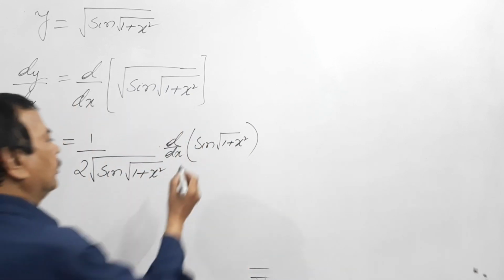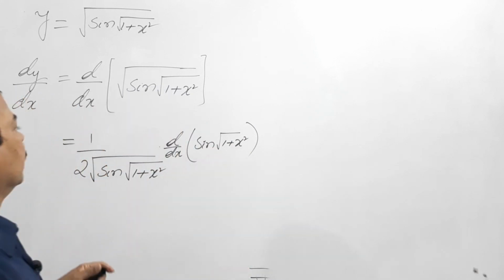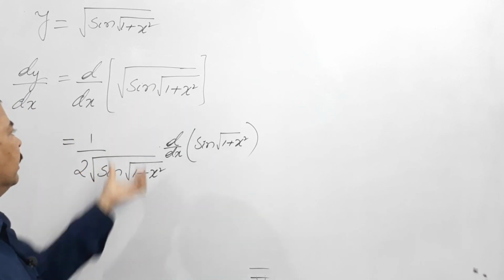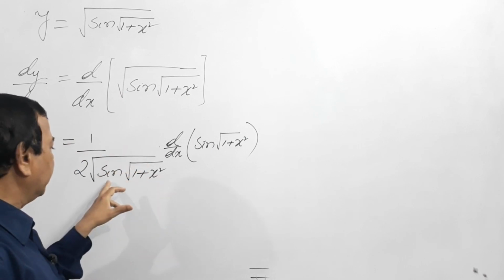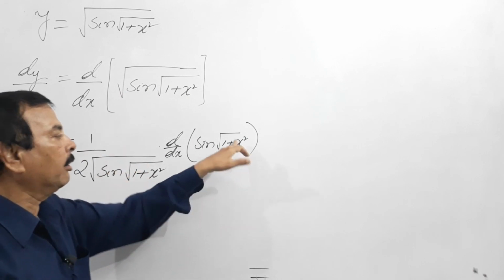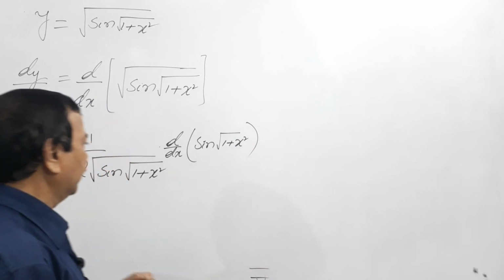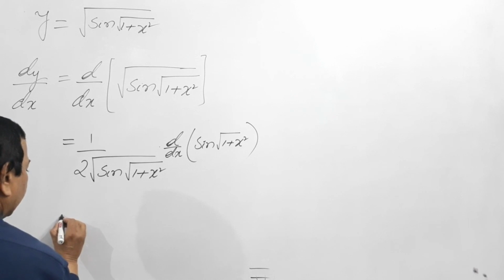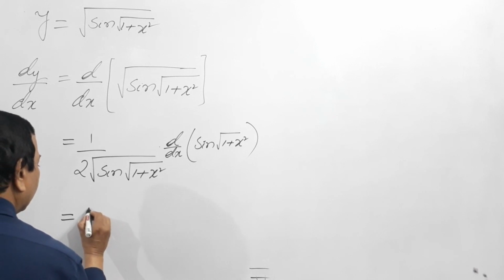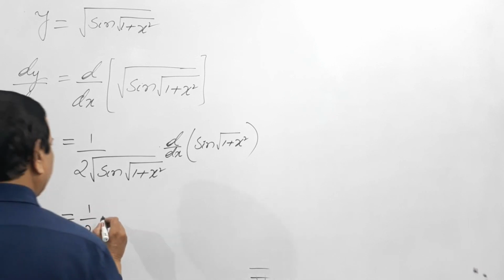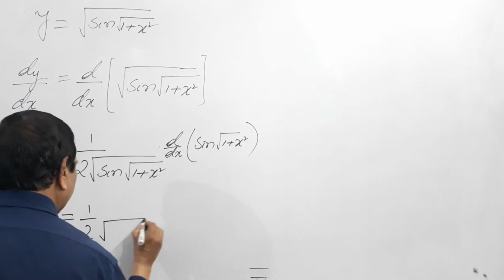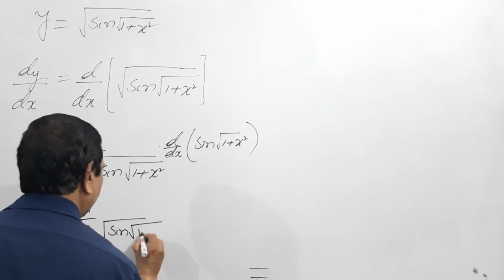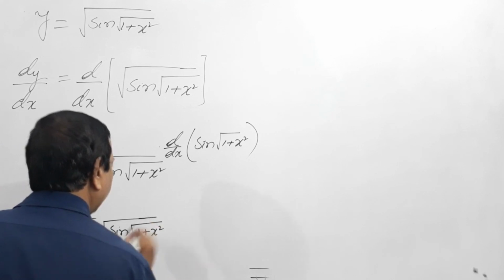First, whatever is the given function, take half of that and write it as it is, and then later on d by dx of the inner function, and later on we have d by dx of this, we will do in different stages. So what happens to this? This equals half under the root sine of 1 plus x square.